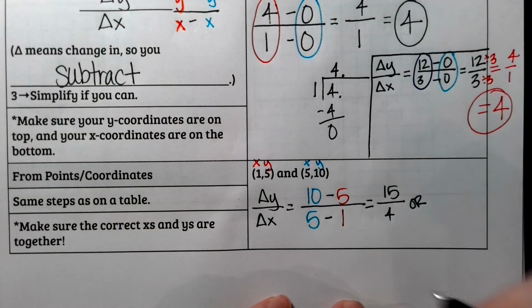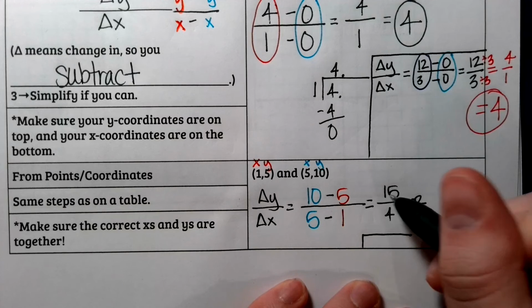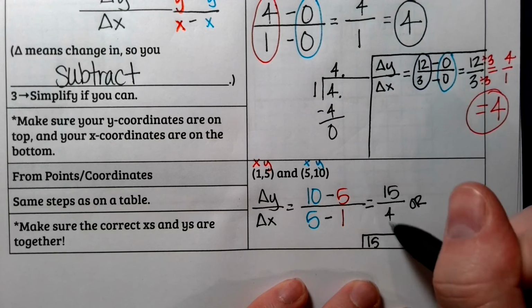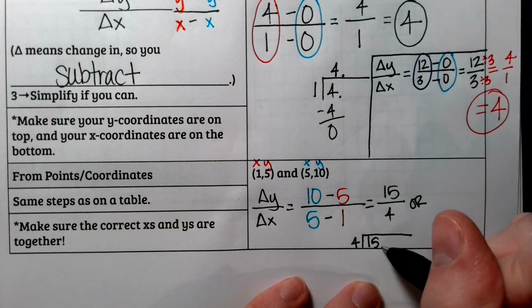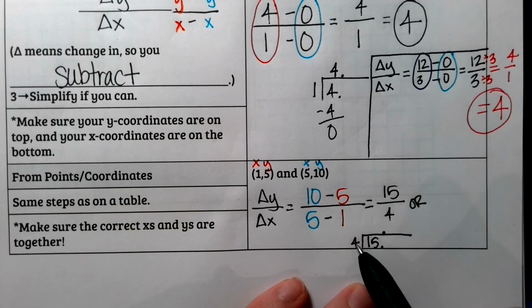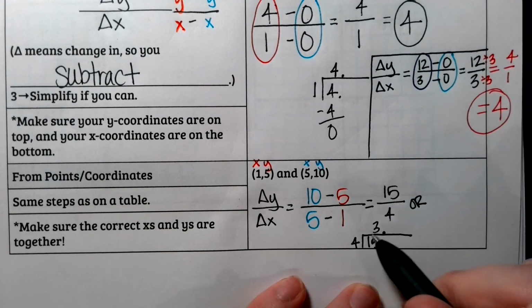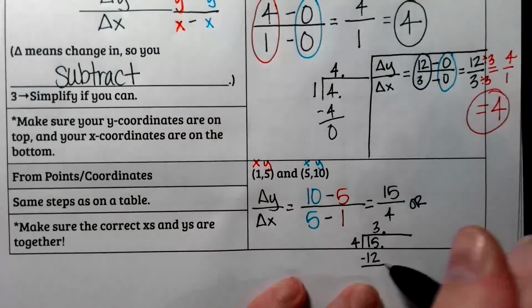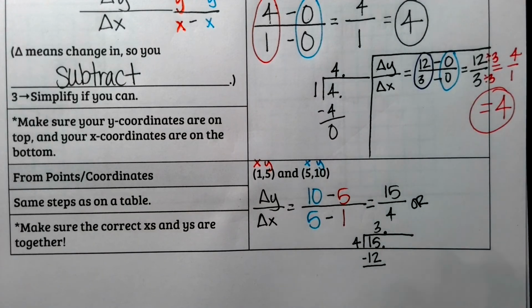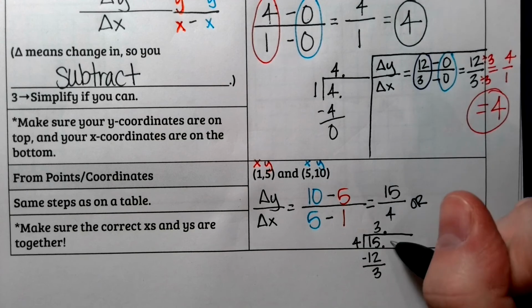So if I have 15 over 4 and I want to turn that into a decimal, top dog gets the house. So that means 15 goes on the inside of my division box and 4 goes on the outside. How many times does 4 go into 15? 3. 3 times 4 is 12. What's 15 minus 12? 3.